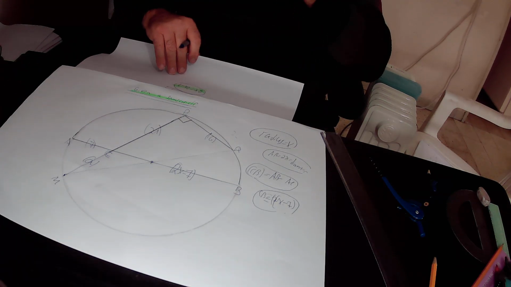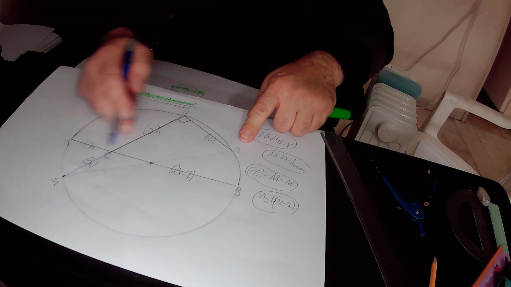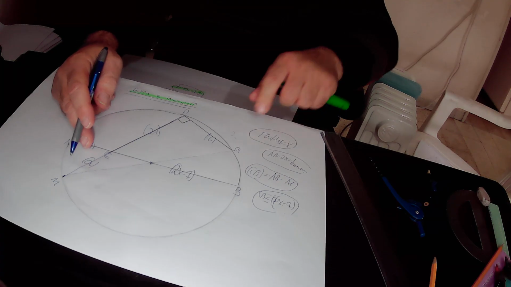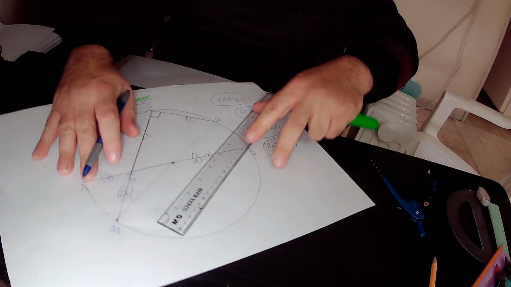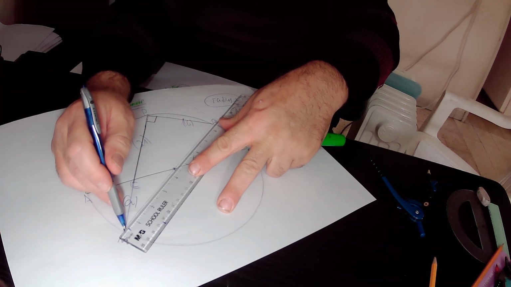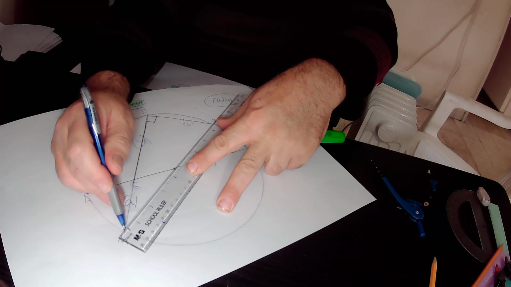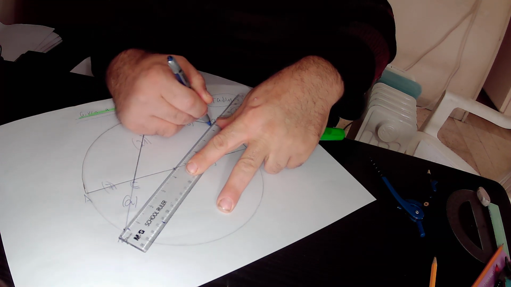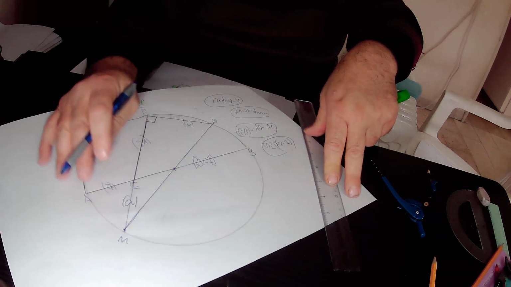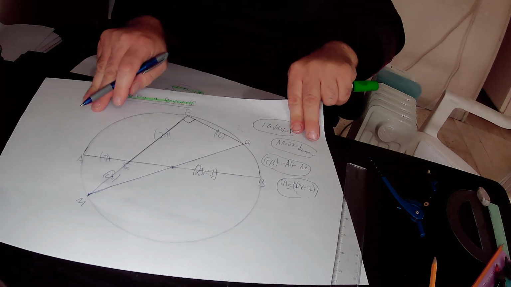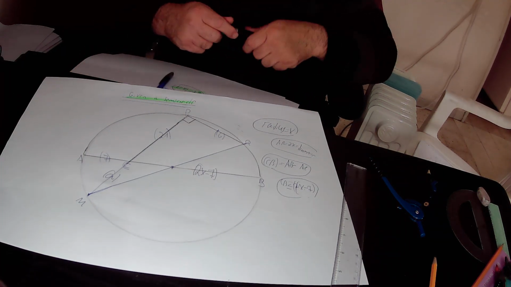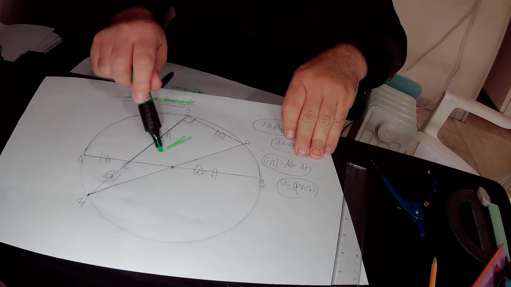In the next step, we will join points Q and M together by a straight line. By joining points Q and M, we get the triangle PQM.